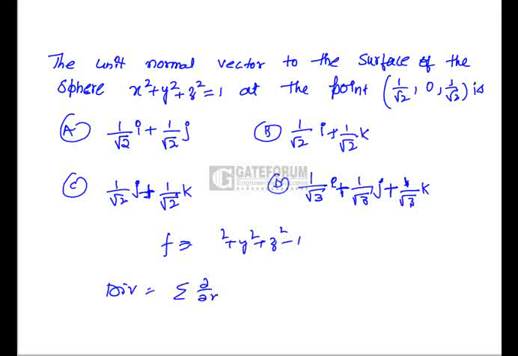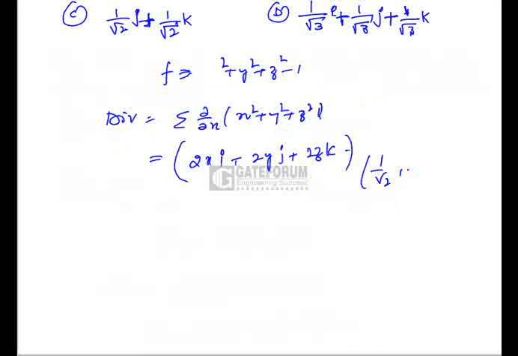So summation of dou by dou x of x square plus y square plus z square can be written as 2xi plus 2yj plus 2zk. Now we need it at the point 1 by root 2 comma 0 comma 1 by root 2. If we substitute, it will be root 2i plus root 2k.